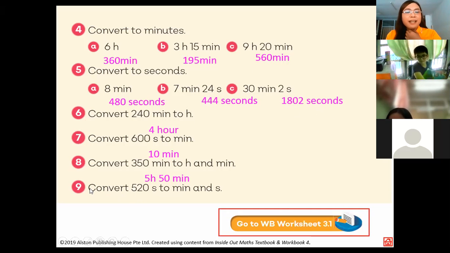Okay. Then number 9, convert 520 seconds to minutes and seconds. So all you have to do is divide 520 by 60 and add the remaining seconds.